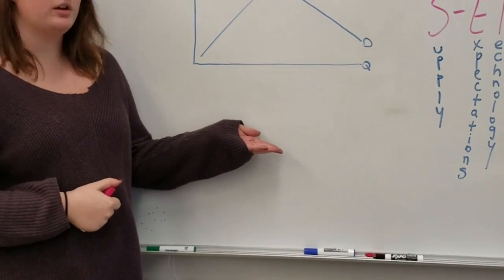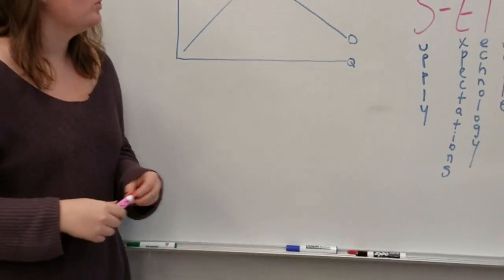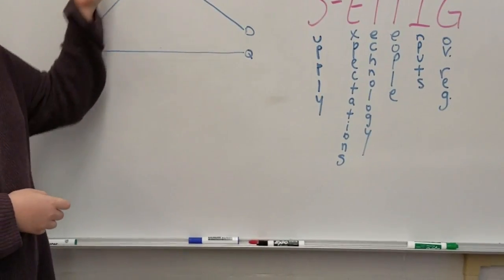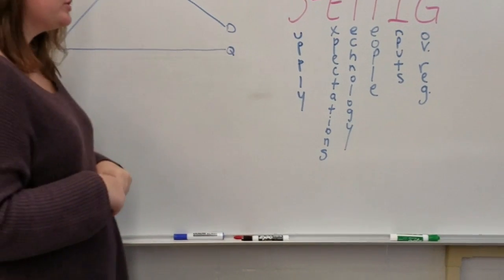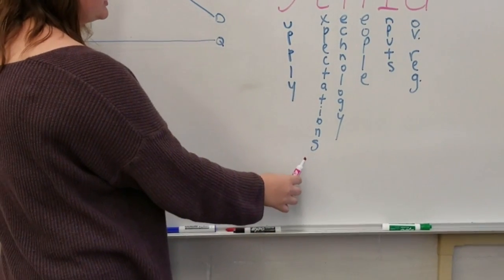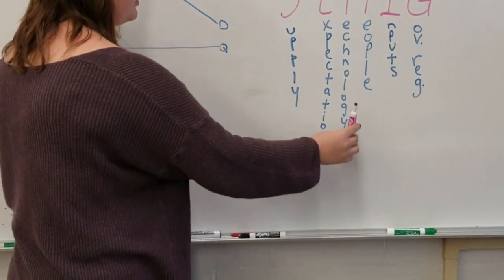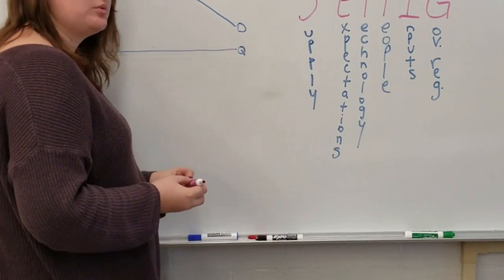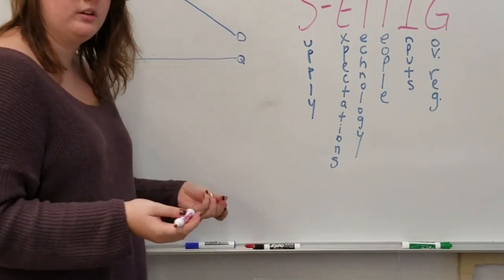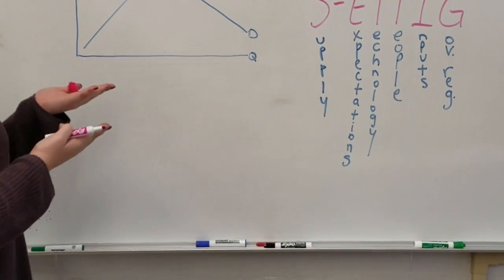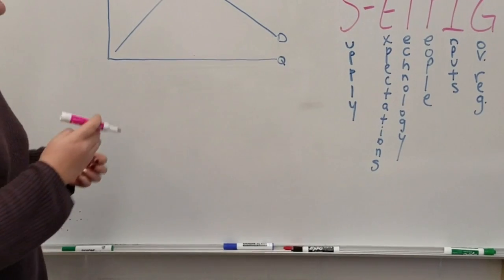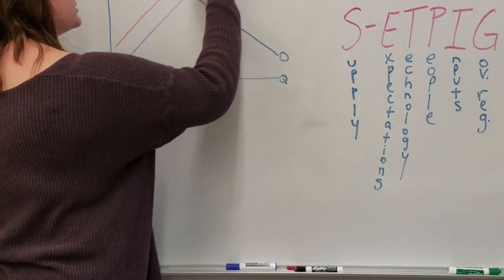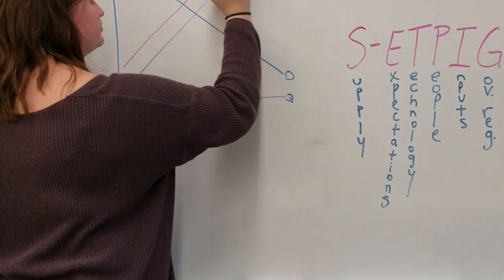Here's another example of supply and demand, where the U.S. rubber supply is decreasing in the market for bicycles. Now, the shifters of supply are expectations, technology, people, inputs, and government regulations. Because the rubber supply is an input in the bicycle good, that means the supply curve is going to shift inward.